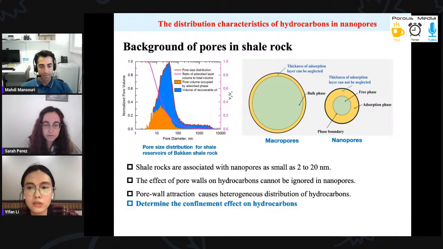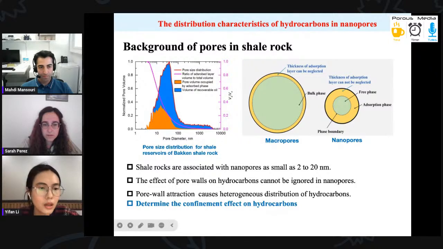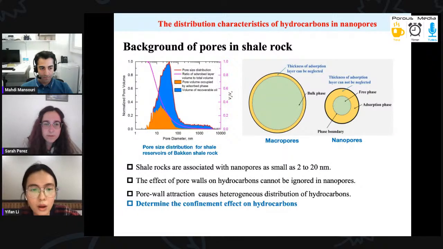As we know, production of hydrocarbon from unconventional reservoirs is attracting attention from the oil and gas industry. There is a reason why we do this research, especially for unconventional reservoirs like shale formations or tight reservoirs. The picture shown here is the pore size distribution for typical shale reservoirs of the Bakken shale rock.